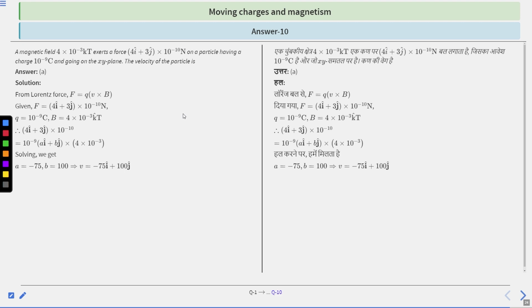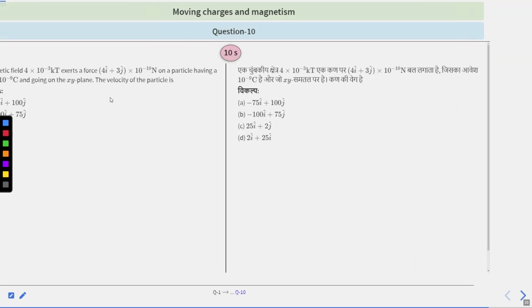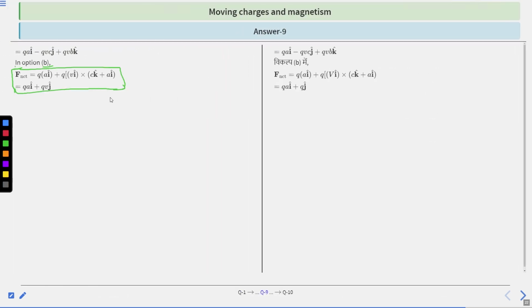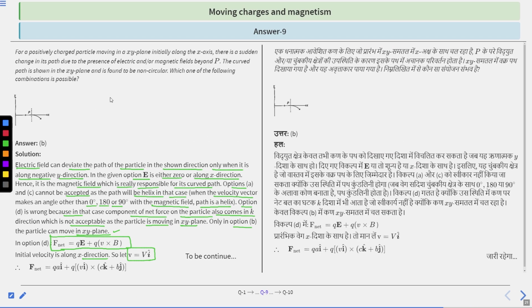So this is the formula for the Lorentz force. F is equal to Q V cross B. Clear? Lorentz force.